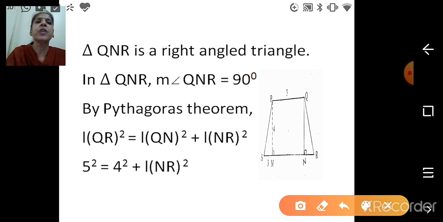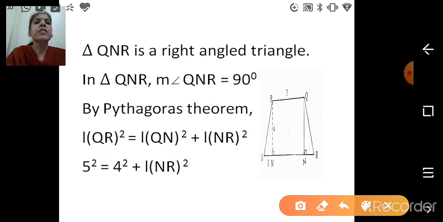So angle QNR is 90 degrees. Now the side opposite to 90 degrees is the hypotenuse, and that is QR. So by Pythagoras theorem, we write length QR square is equal to length QN square plus length NR square. So this is hypotenuse square, which is QR, and these are the sides QN and NR.